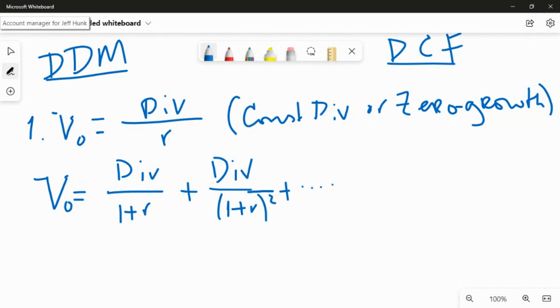So we are discounting all the dividends, but it goes on forever. If I write it out, it looks like this: there will be a dividend at infinity minus 1, and a dividend at infinity.